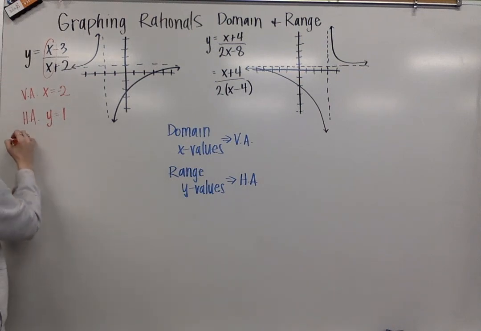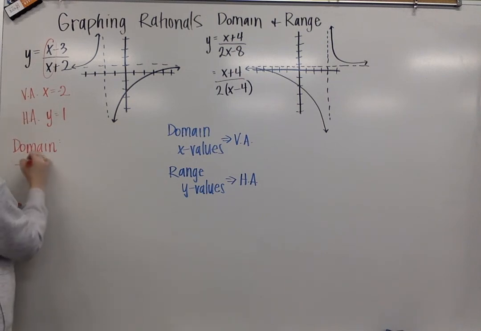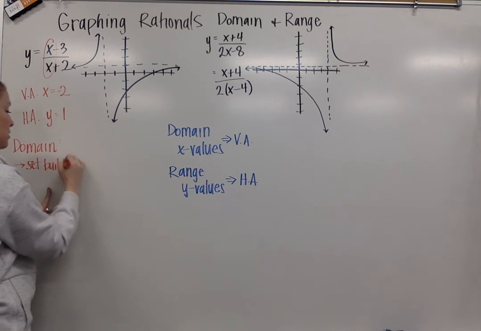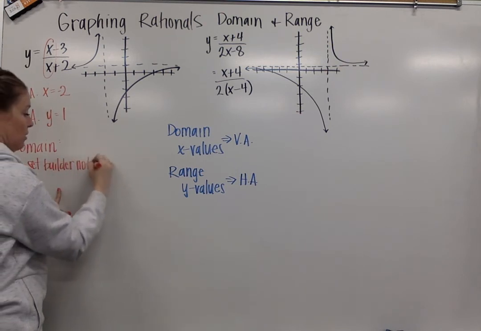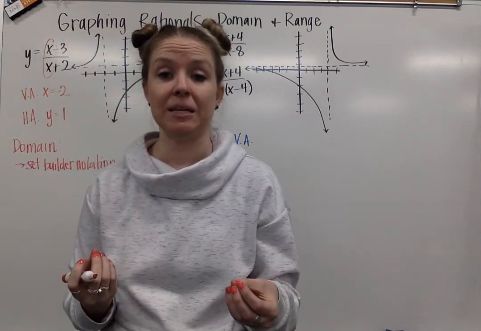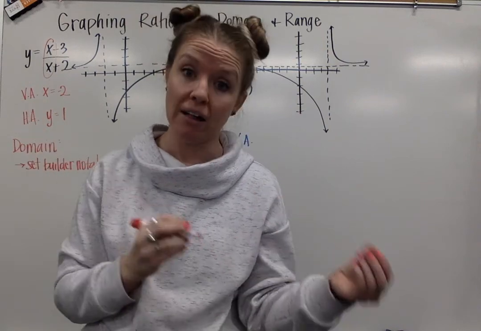So the way that I'm going to write this for my domain, I'm going to show you two different methods. This first one is how it's going to look on the quiz. This is called set builder notation. The way that we write this is going to be the same for everything. The only thing that changes is that vertical asymptote value.